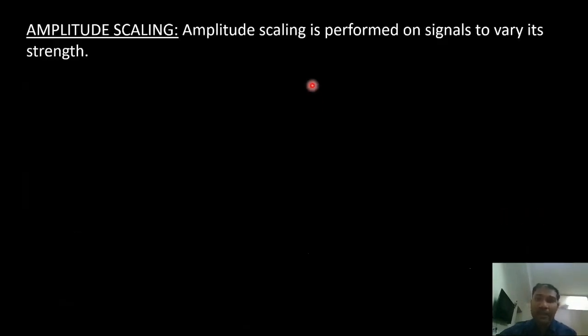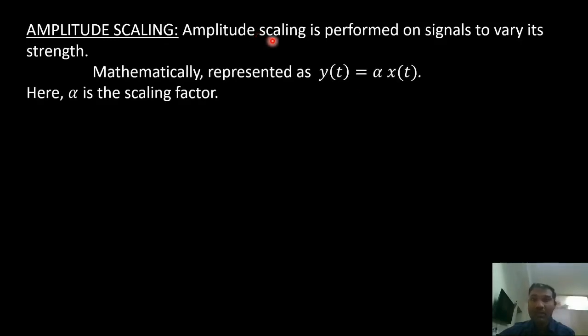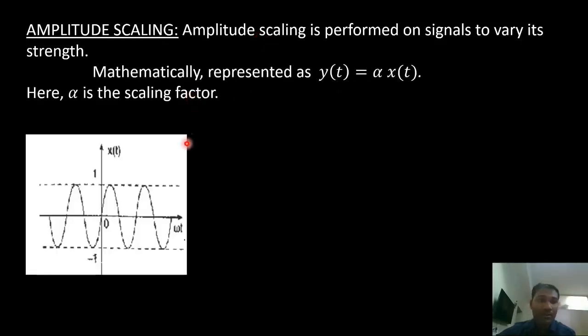Then amplitude scaling. Amplitude scaling is very simple, very similar to multiplication. We are just multiplying the amplitude. So let us say this is my original signal. This is a sinusoidal signal, right? The amplitude goes to the positive side 1 and to minus 1.